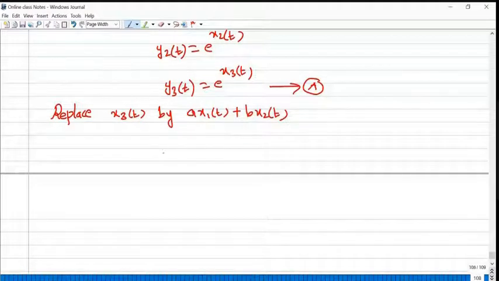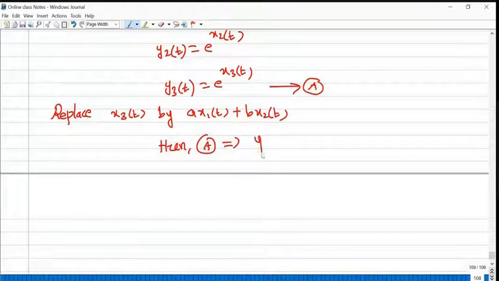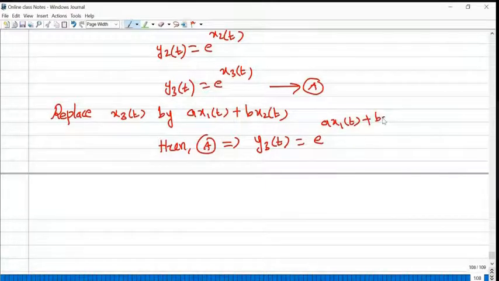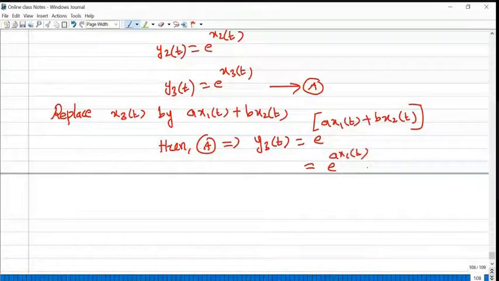Then the equation A now becomes y3 of t equal to e power a x1 of t plus b x2 of t. That means e power a x1 of t dot e power b x2 of t. Can you write it like this? So this will be equal to e power a x1 of t plus b x2 of t. Let's say this is equation number 1.